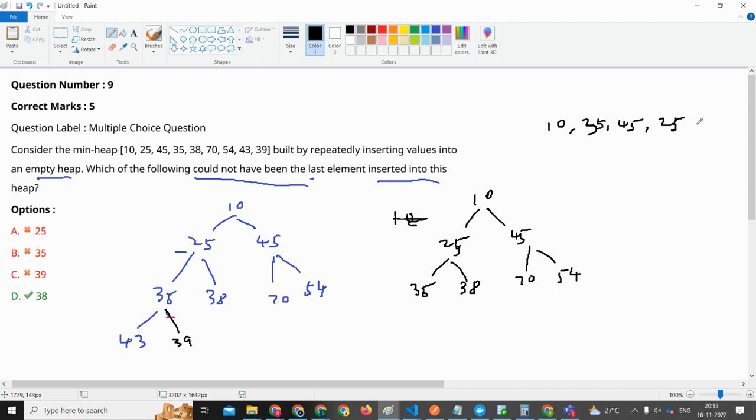In this case it could have been inserted in this way also, and it would have still given the same heap, because 25 and 35 would have swapped. And there is also another way. I think we can trace back, right? Deleting 10 kind of thing, so that we get the previous stage, and we will know the heap structure at that point when we were inserting 38.